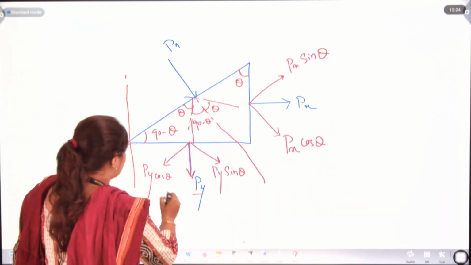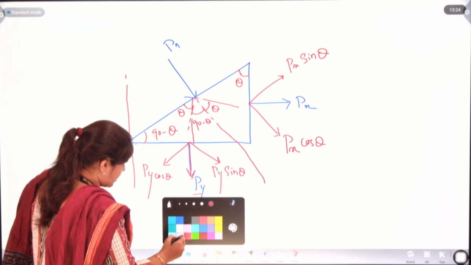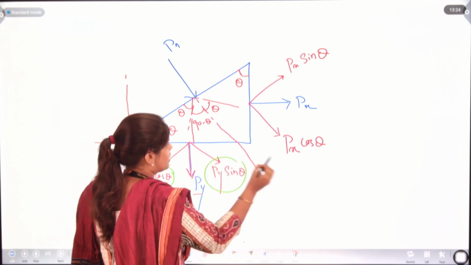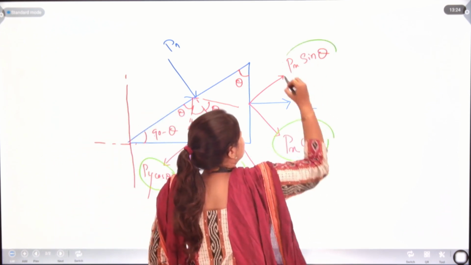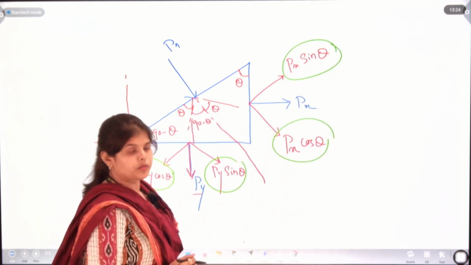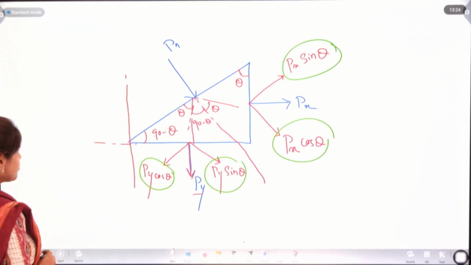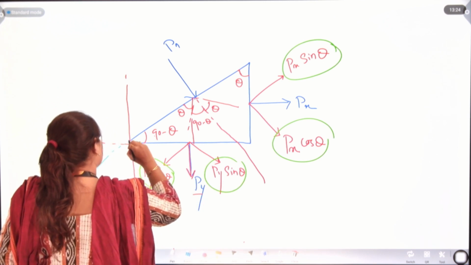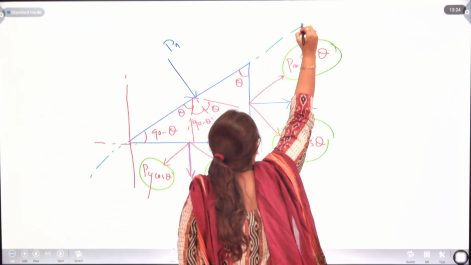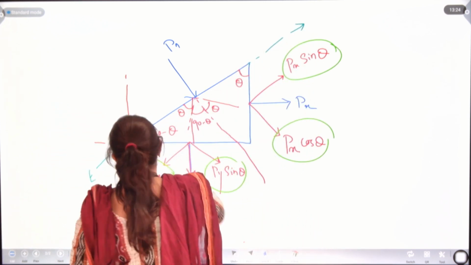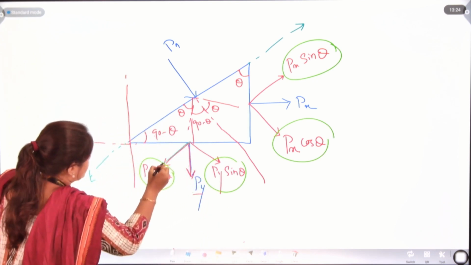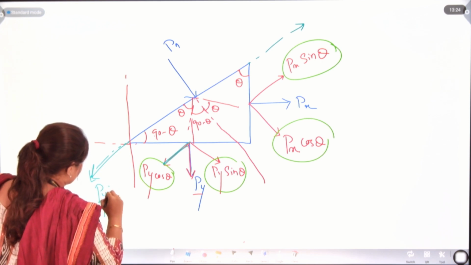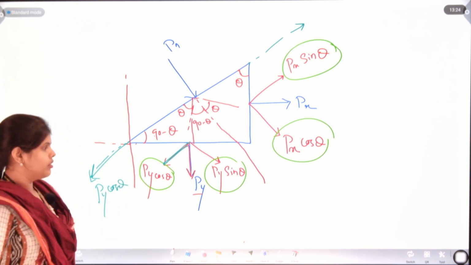Now we have four components, that is Py cos theta and sin theta, Px cos theta and Px sin theta, right? If we just extend this, in this direction we can write Py cos theta.